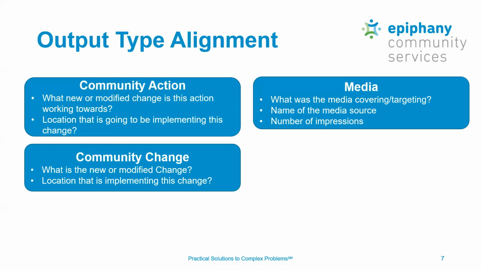Then lastly is the number of impressions. When you select media, the system does require you to enter the number of impressions below. However, to do that check and balance, that alignment check, we like to see the number of impressions also represented in your description.